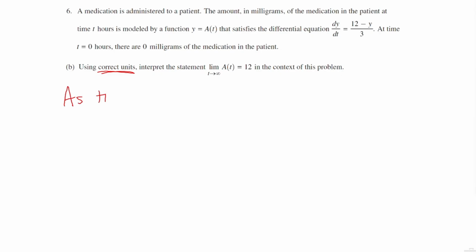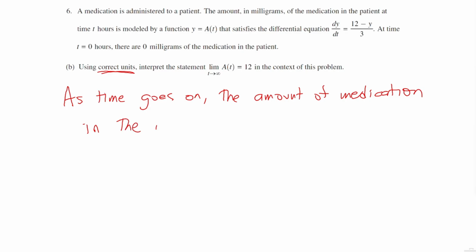maybe something like, as time goes on, as this medication is entering the patient, we would say that the amount of medication in the patient, because that's what's happening here, we're administering a medication to the patient, and they want to see those specific words, amount of medication in the patient, is approaching 12 milligrams or is getting close to 12 milligrams.